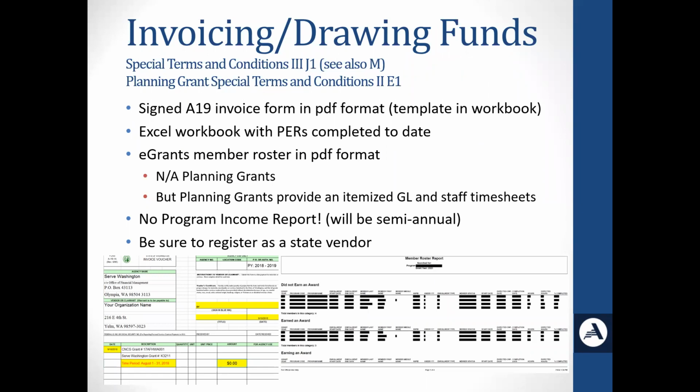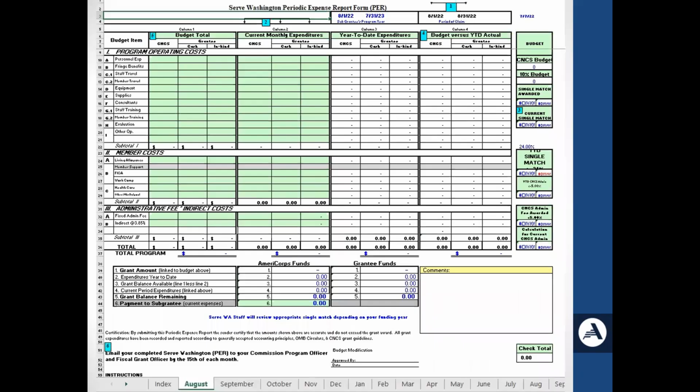Jenny, why don't you advance the slide to the PERs on the next page? So I'm answering your question, but first, this is the PER for anyone who hasn't seen one. You can see that those headings from your budget narrative are over on the left-hand side.